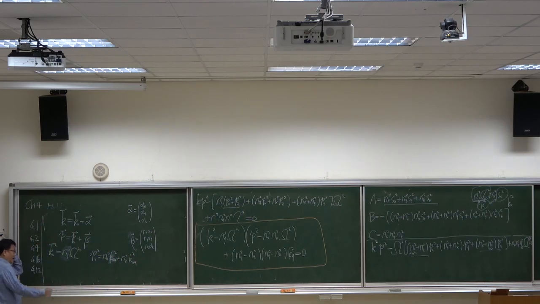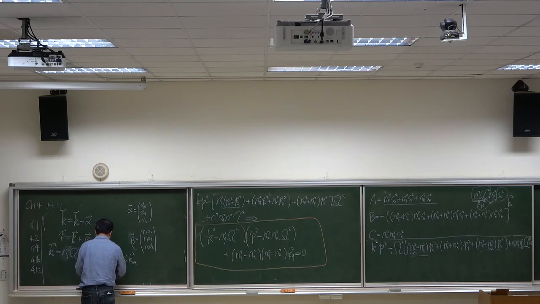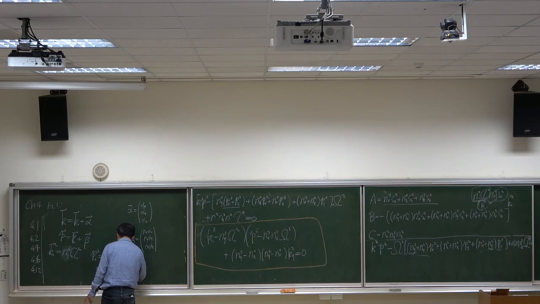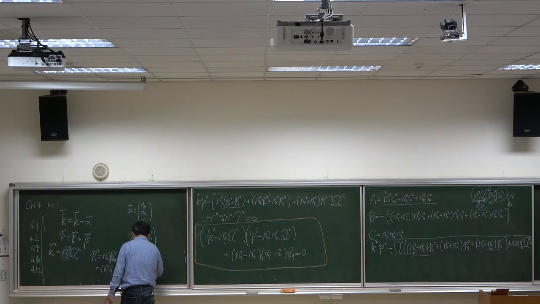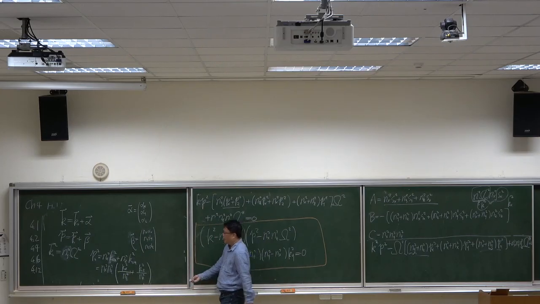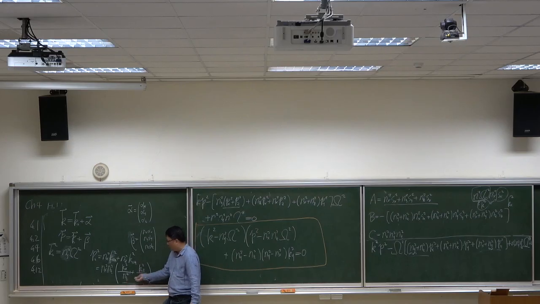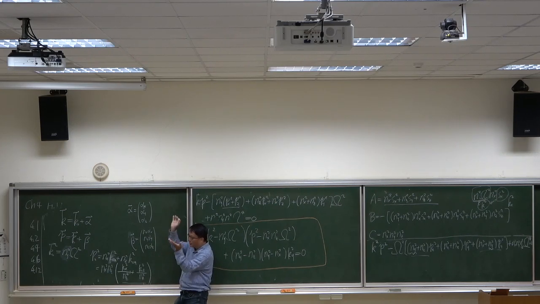Okay. However, you can treat this as nx squared nz squared times this. And we know that the elliptic equation is this equal to omega squared over c squared. So since omega over c is just a capital omega, this is nothing but nx squared nz squared capital omega squared. Okay.